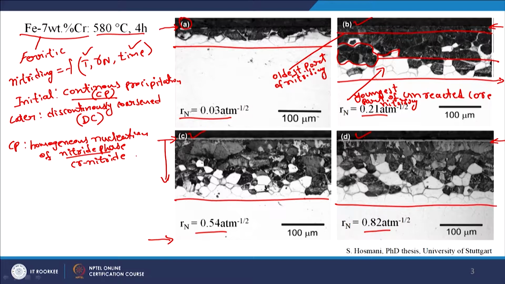Okay. So, that means you have a homogeneous nucleation, meaning the rate at which the nucleation of this nitride happens is the same everywhere in the material. That means it homogeneously develops as very fine precipitates, which in this case would be very fine nanoscale precipitates.